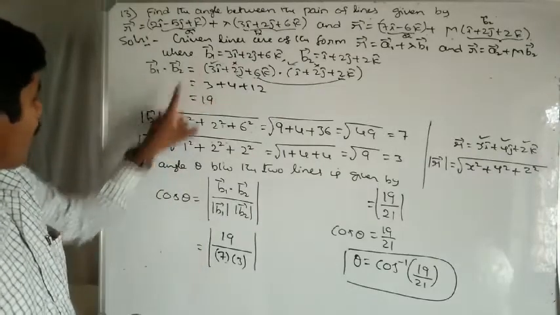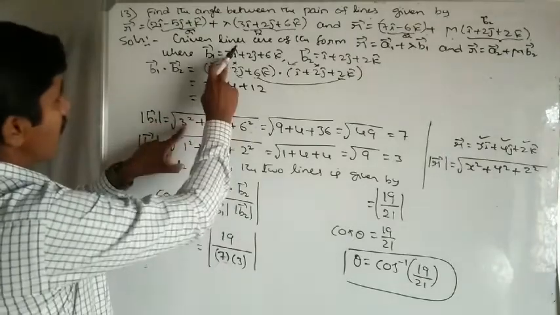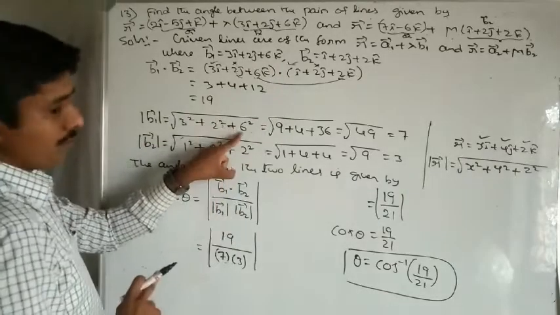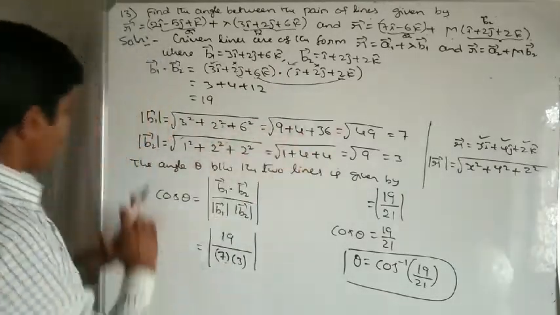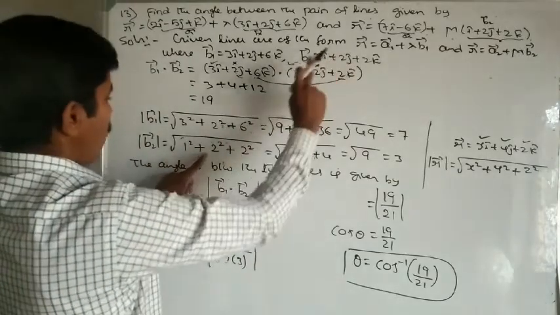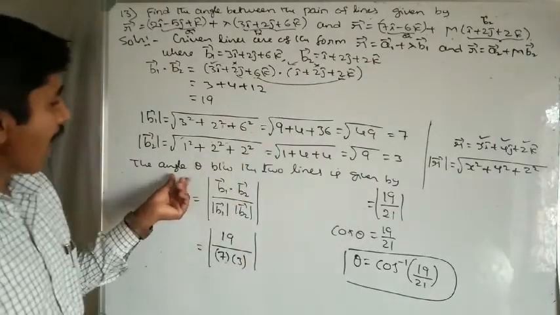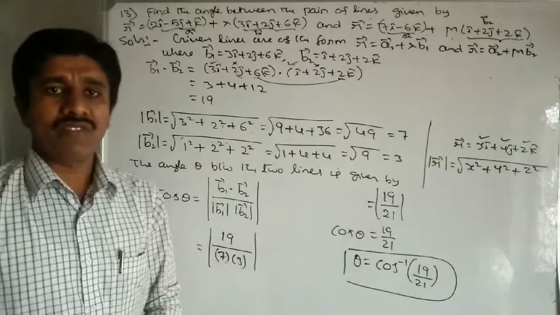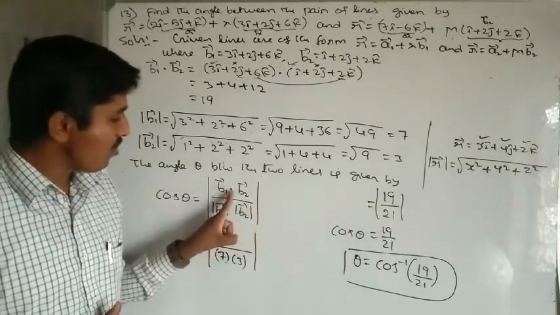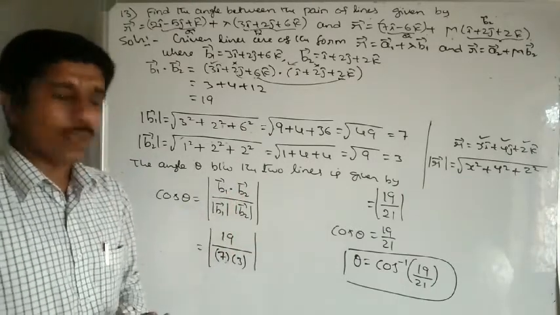Find magnitude of vector b1 and magnitude of vector b2. Magnitude of vector b1 is square root of 3 square plus j coefficient 2 square plus k coefficient 6 square. Simplify, you get 7. Similarly, magnitude of vector b2 is square root of i coefficient 1 square plus j coefficient 2 square plus k coefficient 2 square. Simplify, you get 3. We know that the angle theta between the two lines is given by the formula cos theta equal to modulus of vector b1 dot vector b2 divided by magnitude of vector b1 into magnitude of vector b2.